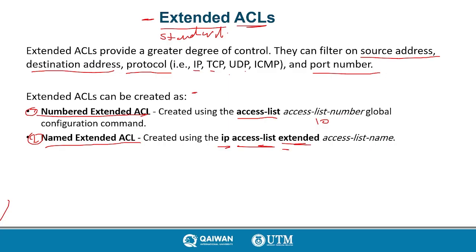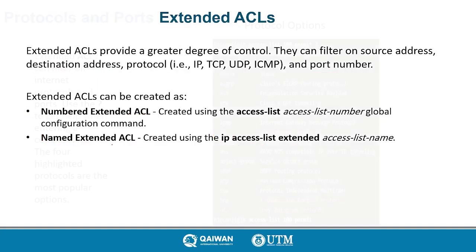For the number, it is quite easy: you just say access-list and the number. However, for the named one, you need to first have the word ip and then access-list, and you need to specify that it's extended, and then the name, for instance, test. So for the extended, again, we have numbered and we have named.